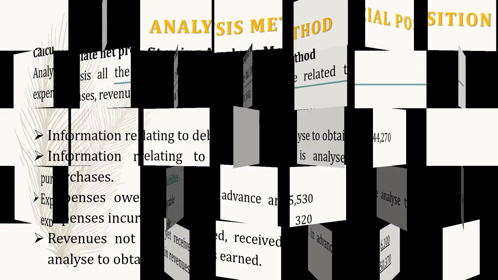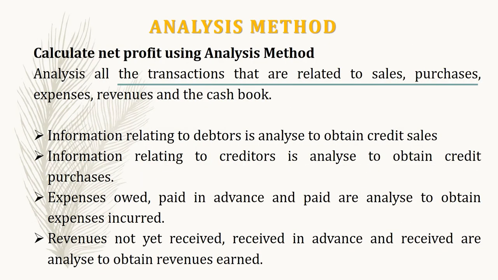Okay, next we will go to your analysis method. In analysis method, you need to calculate all the information by doing the analysis related to sales, purchases, expenses, revenue, and also the cash books. So in this type of question, besides having the balance for your assets and liabilities, you also need the information given in the cash book.